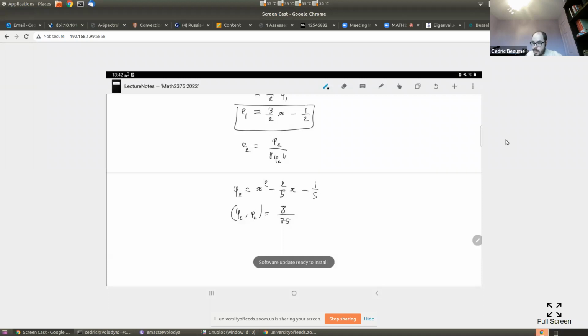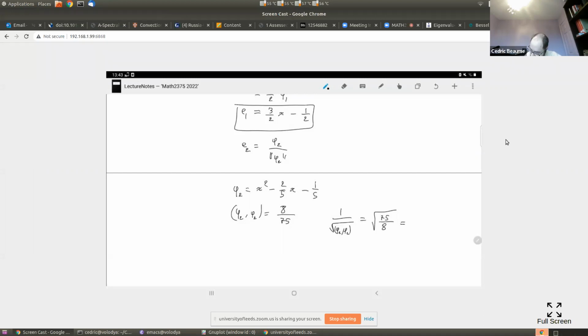So what we need to do is to take the square root of this. So the square root of 1 over the square root of P2. That's 75 over 8, which you can simplify by identifying the 25 in the numerator and the 4 in the denominator.